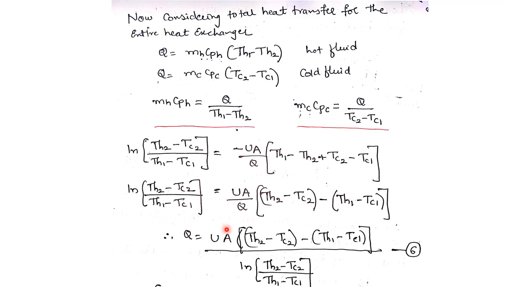Now with this equation, let me write the equation for Q, where Q is equal to U into A in the bracket TH2 minus TC2 minus TH1 minus TC1, bracket complete, divided by log of TH2 minus TC2 upon TH1 minus TC1.